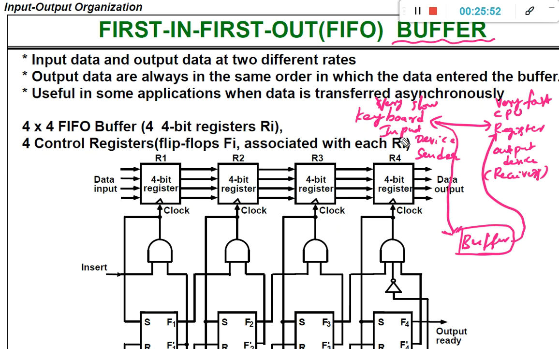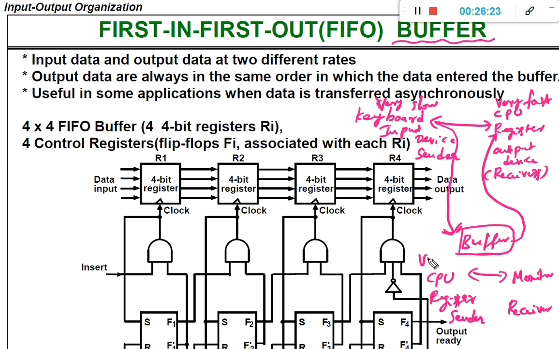So here the sender is slow and the receiver is fast. There may be an occurrence in the reverse way also. That is, we may send the data from the CPU register to the monitor. Here the CPU register is the sender and the monitor is the receiver.